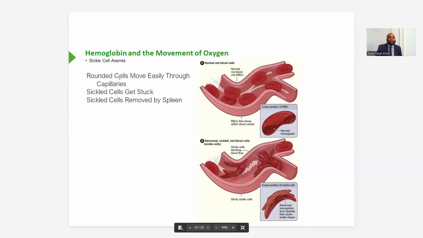These rounded cells move easily through the capillaries. If you are rounded, you move easily. But if you are sickled, you get stuck. When you get stuck, who destroys red blood cells? The spleen, the graveyard. The spleen is the graveyard.